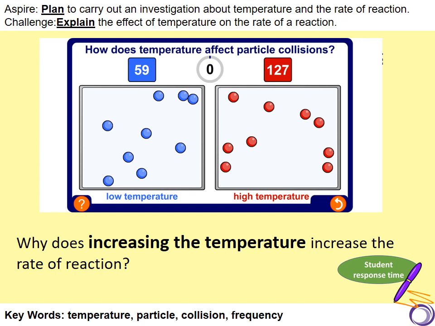As you can see from this diagram, at a high temperature there were far more collisions than there was at a low temperature. In fact, it's more than double. So can you remember, why does increasing the temperature increase the rate of reaction? 1 minute, jot it down.